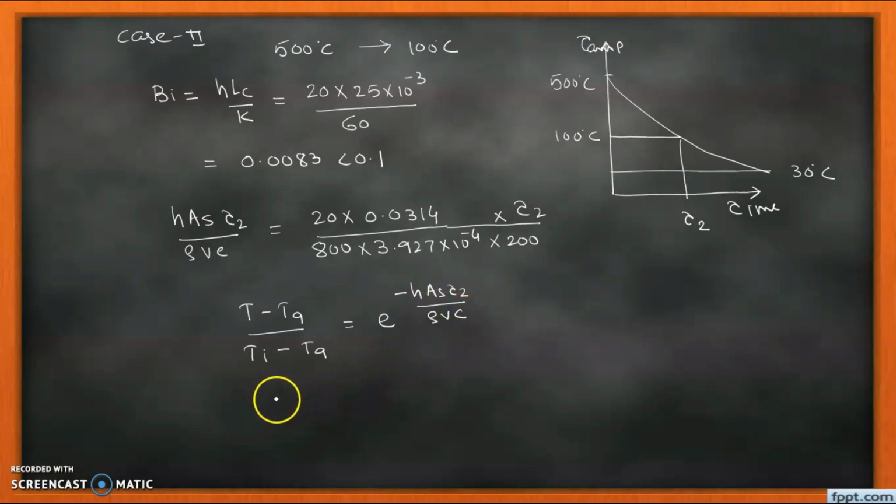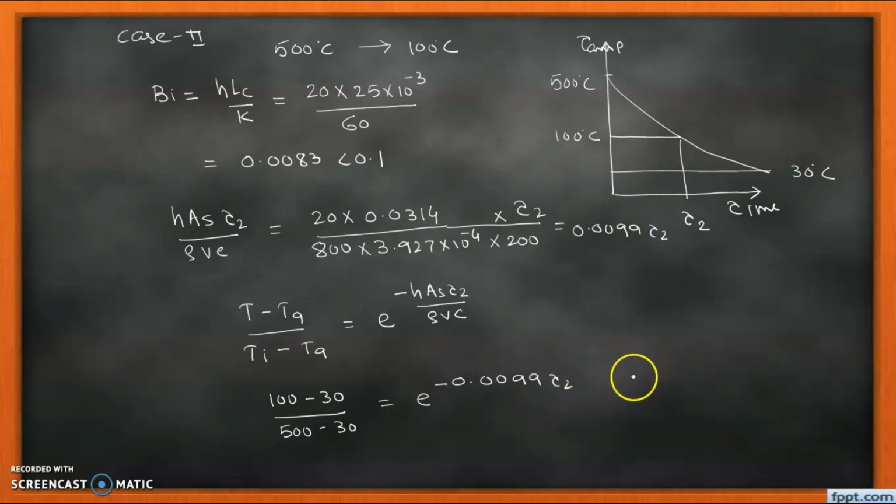So we know that the final temperature is 100, air temperature is 30 degrees, the initial temperature is 500 minus 30, and exponential, we have already calculated the value of this parameter, and that comes 0.0099 into tau 2. So we just put down the value, 0.0099 into tau 2.